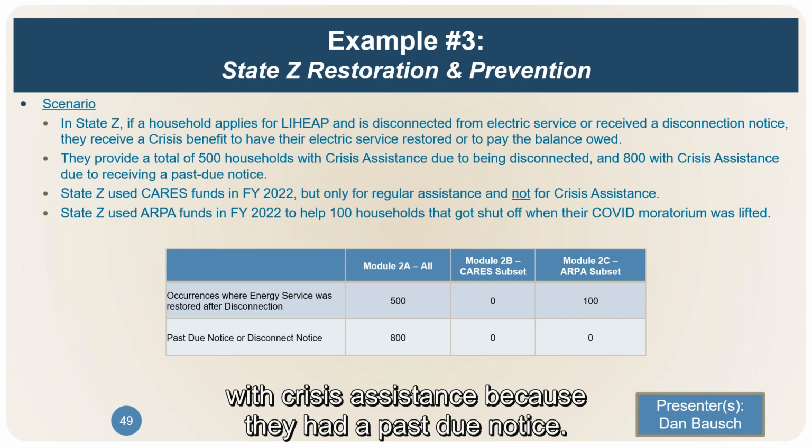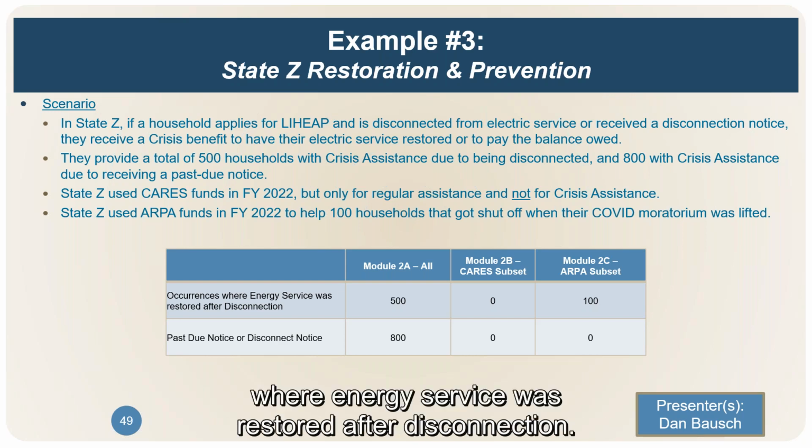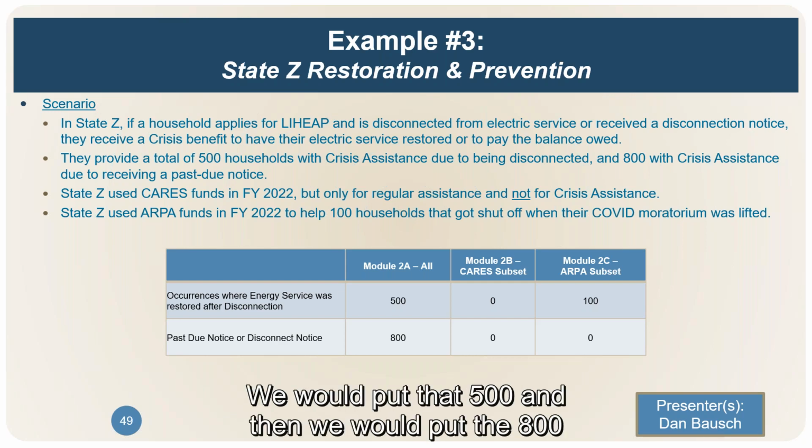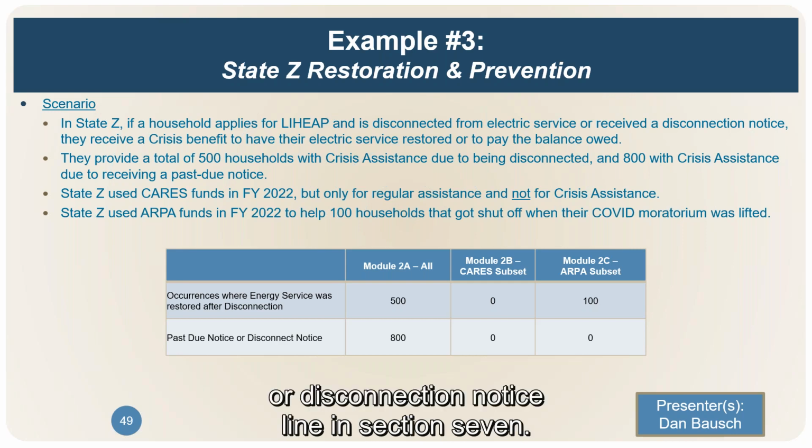So for section 6, there's a line that says occurrences where energy service was restored after disconnection. We would put that 500, and then we would put the 800 on the past due notice or disconnection notice line in section 7.